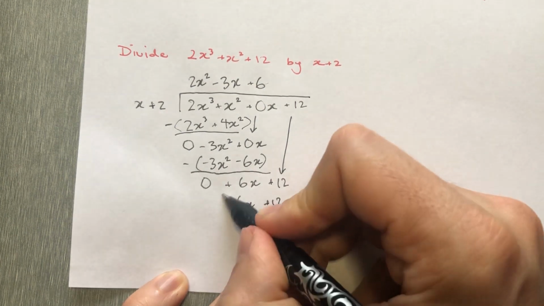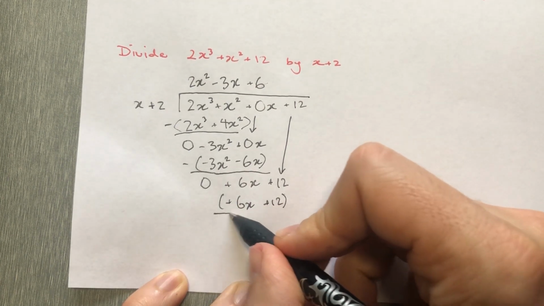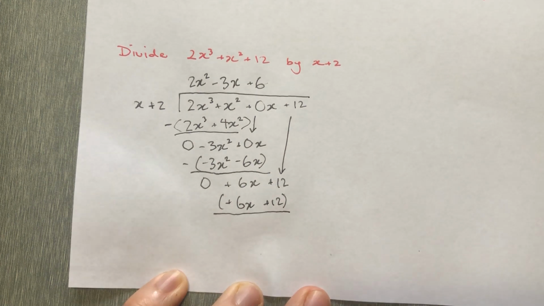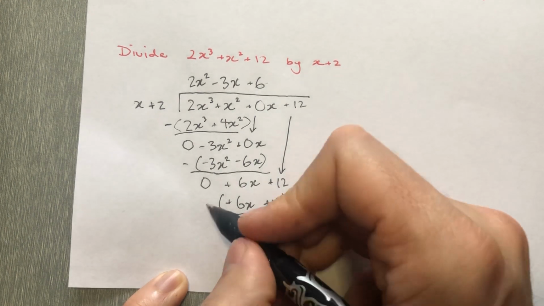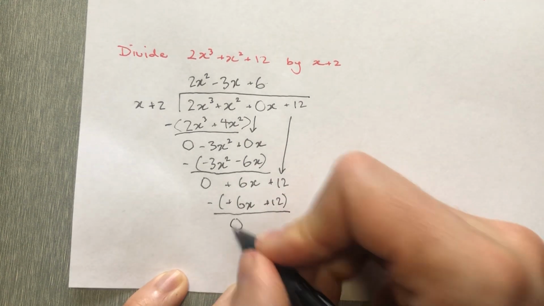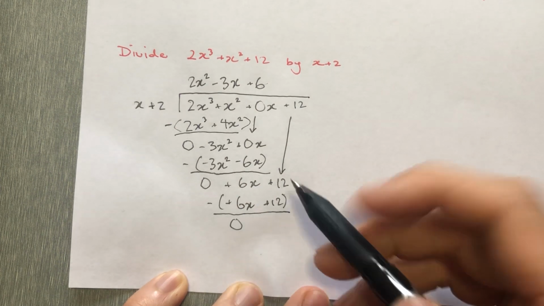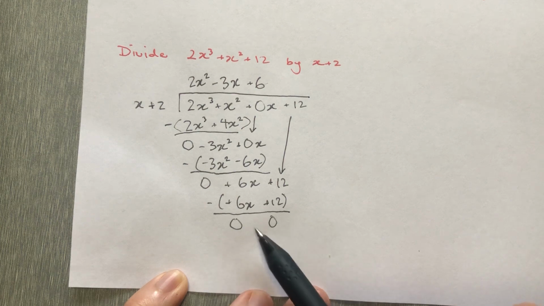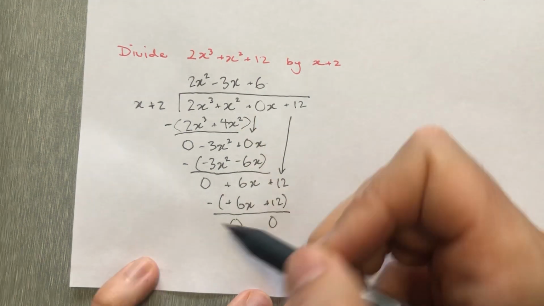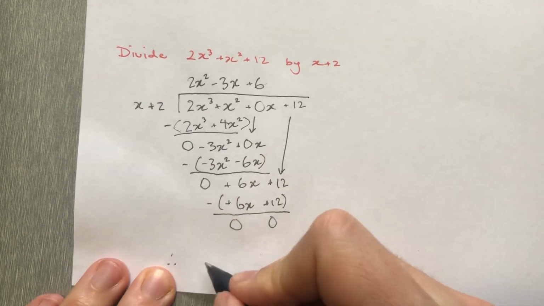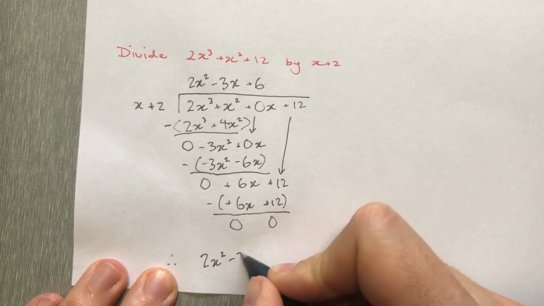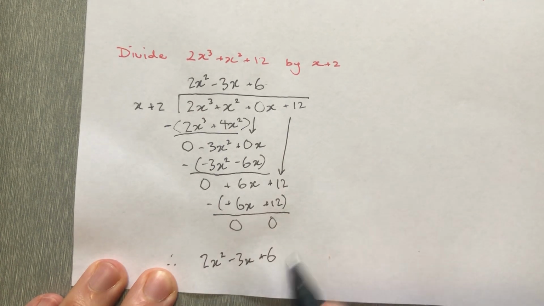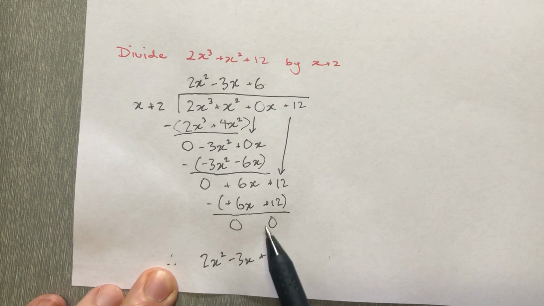Now it's time for us to subtract. Okay, so 6x minus 6x is 0. 12 minus 12 is 0. So we have no remainder down here. Okay, so this is our answer. And no remainder at all.